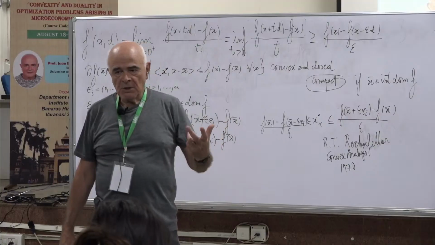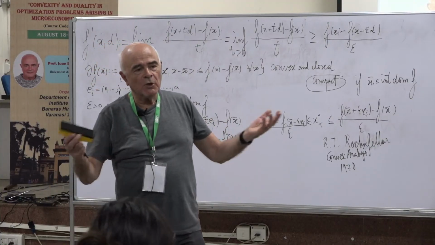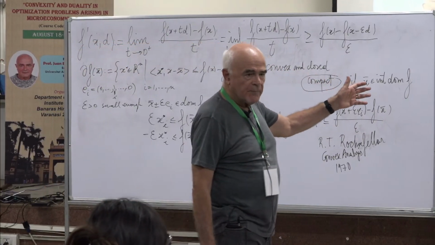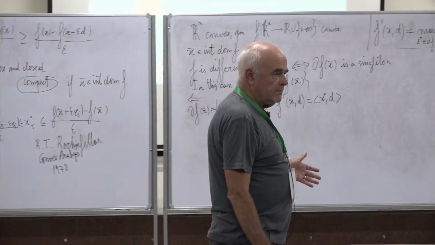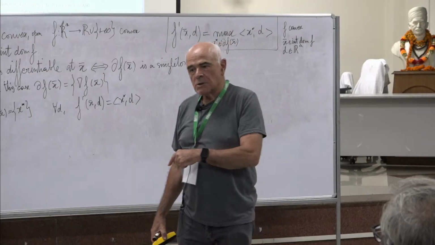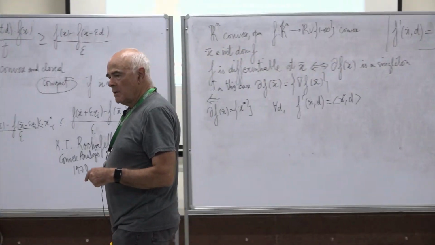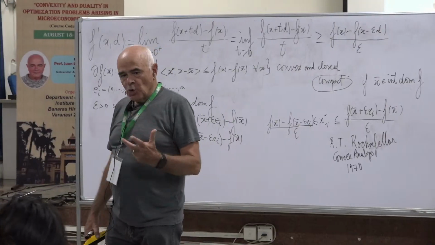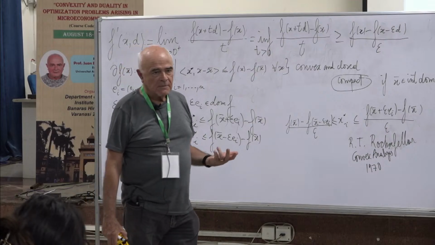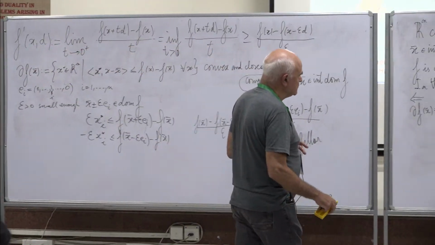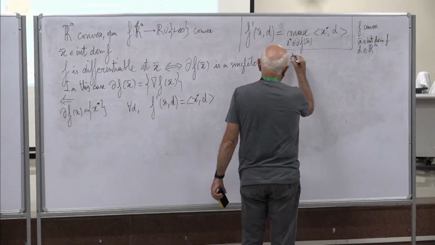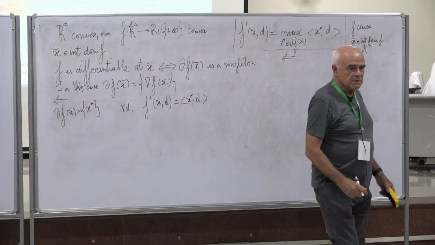A Fréchet differentiable function in the ordinary sense is Gateaux differentiable, meaning the directional derivative is linear. But for convex functions, the converse also holds true. If you have a Gateaux differentiable convex function, it is differentiable in the ordinary, Fréchet sense. Okay. But now let us make the proof in the opposite direction.